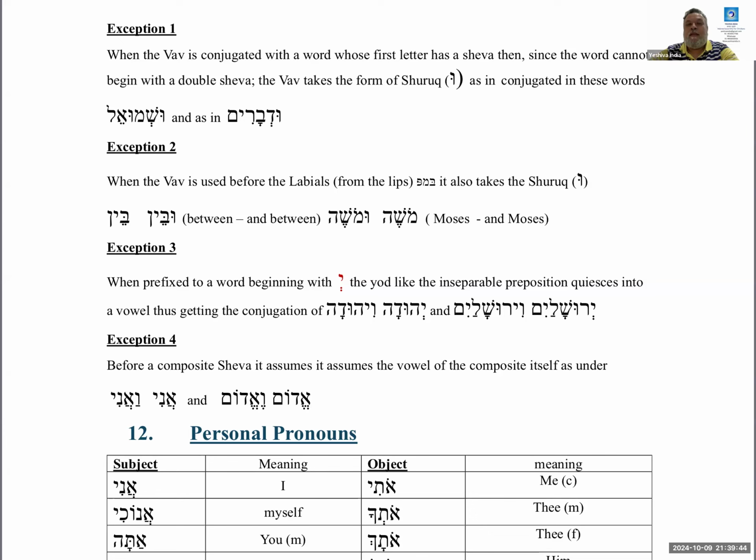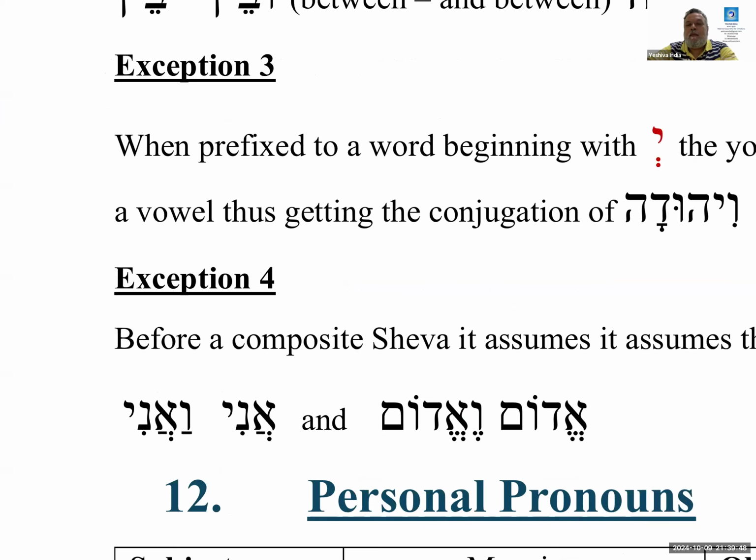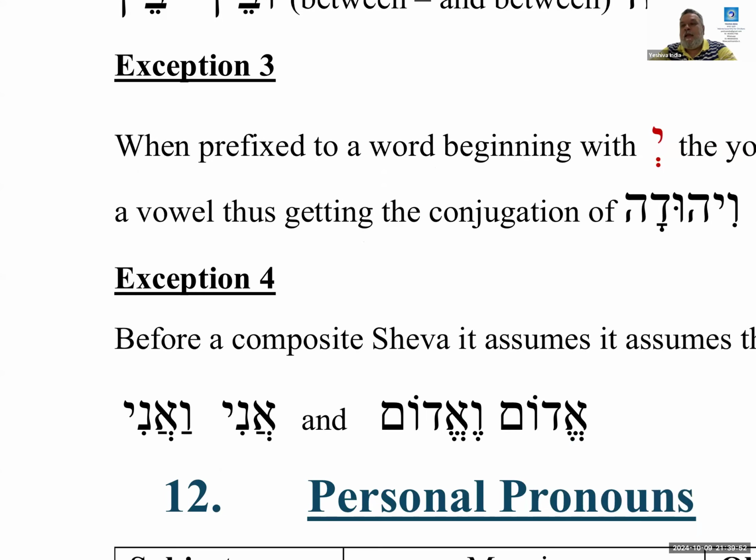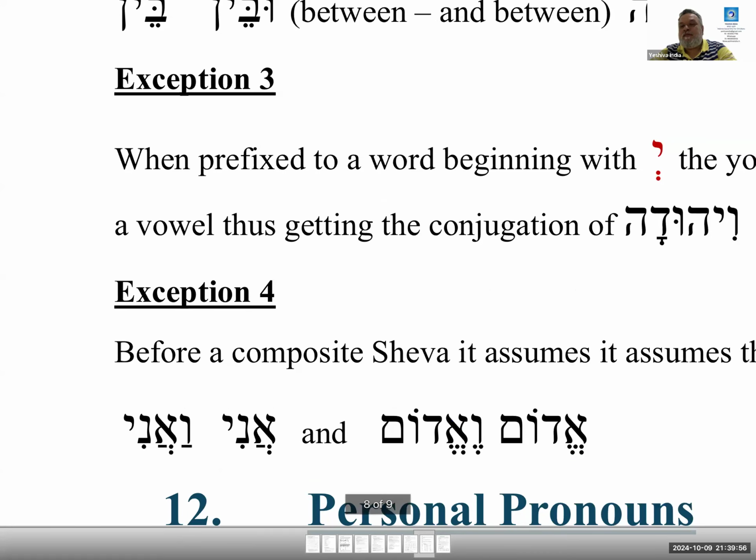So ani becomes va ani. Composite shva. Ani becomes va ani. Edom becomes ve Edom.